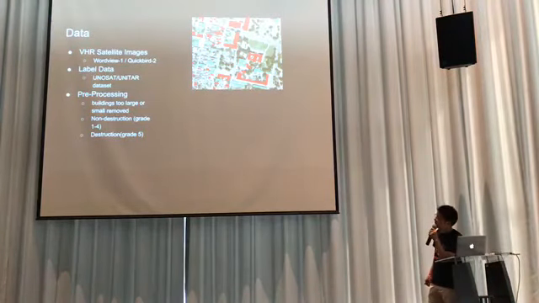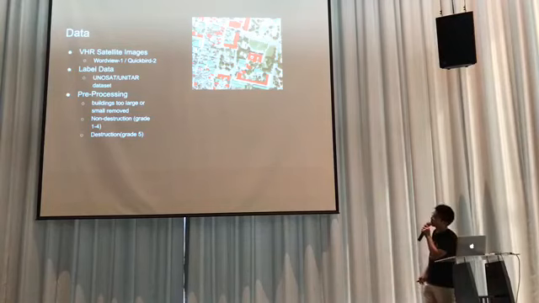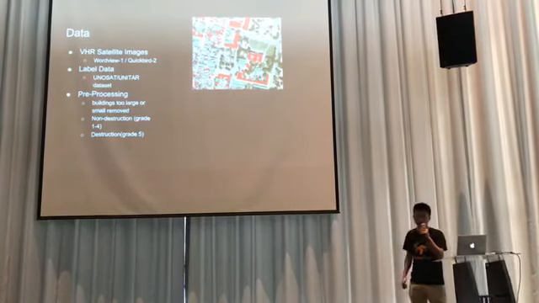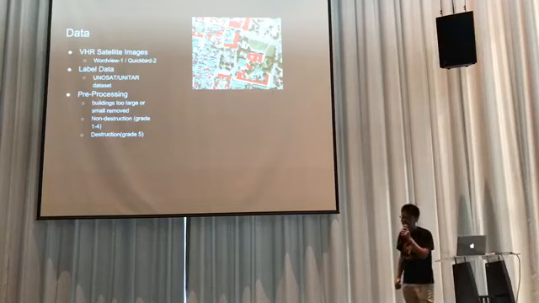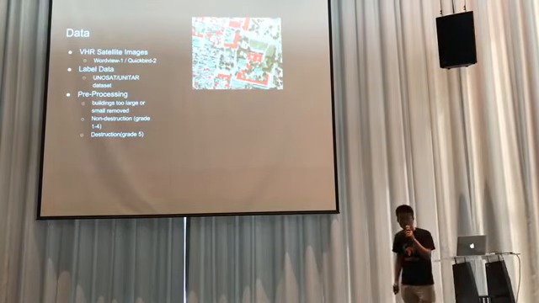As for the satellite images, the pre-image was obtained by WorldView-1, and for the post-earthquake we are using QuickBird. Both images were provided by the DigitalGlobe company. And the label data is a collaborative work by several organizations after the earthquake.